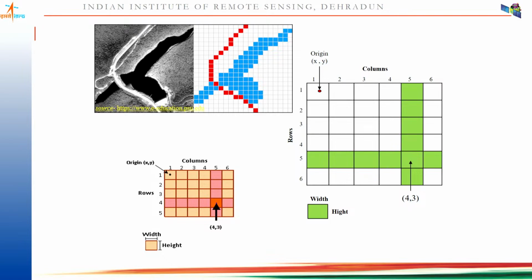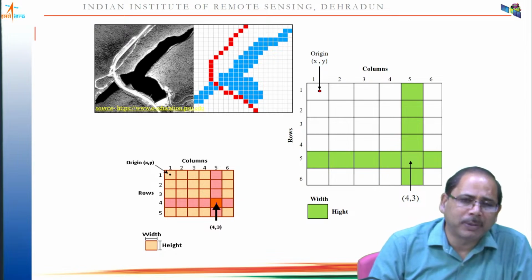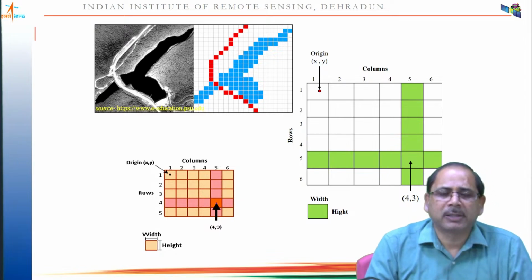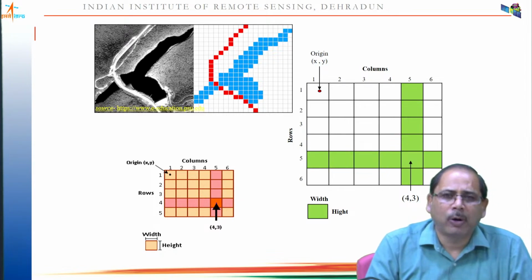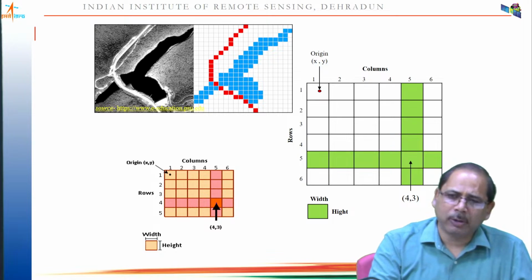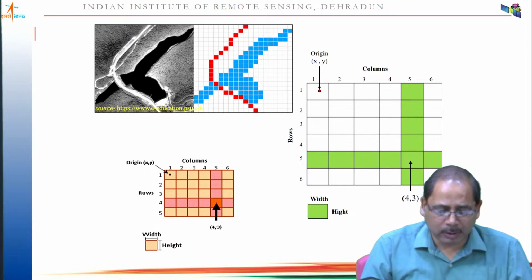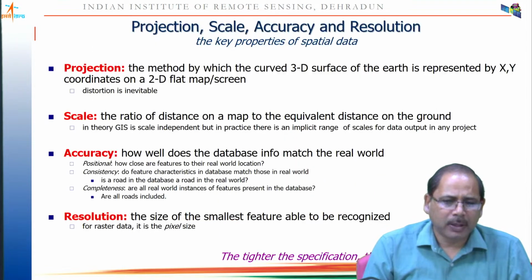We are storing it as a matrix, and then we can perform all the matrix operations, basically arithmetic operations like addition of matrices, multiplication, or we can subtract, we can divide. So arithmetic operations which are possible in matrices are possible in raster images. These are the thumb rules here.